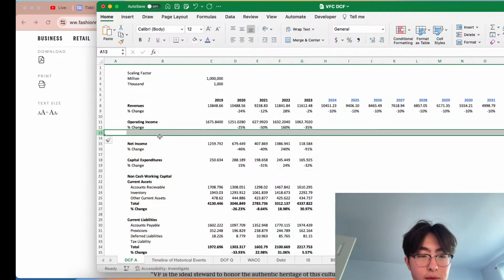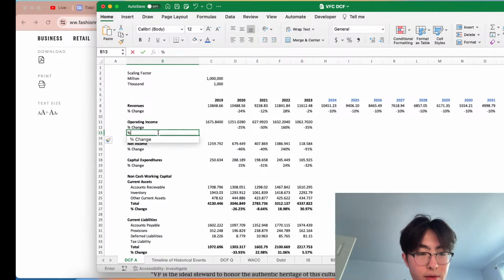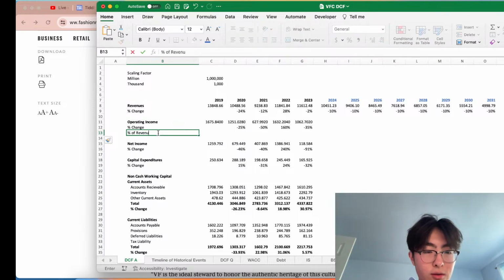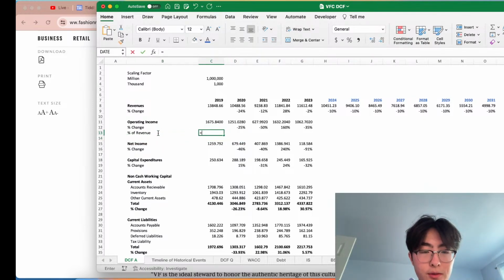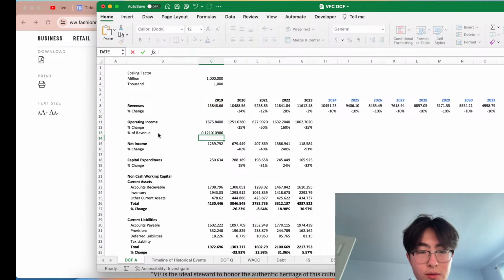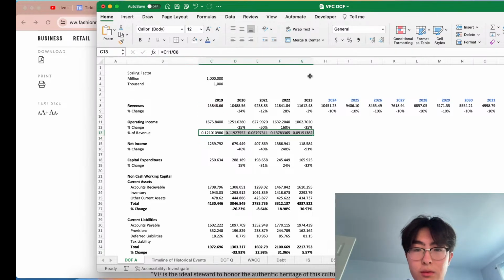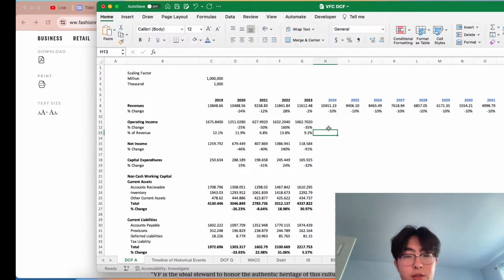And then operating income. Let's use this as a percent of revenue. So margins, let's say margins are pretty bad, so they drop down to 5%.